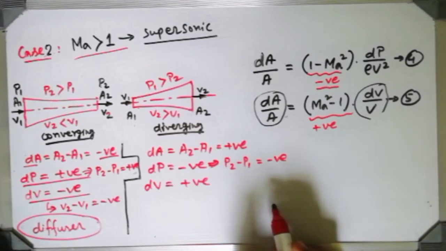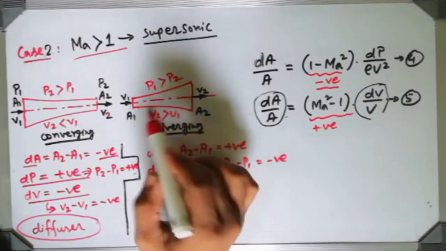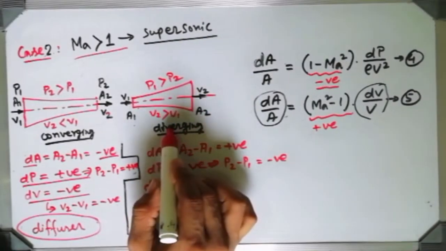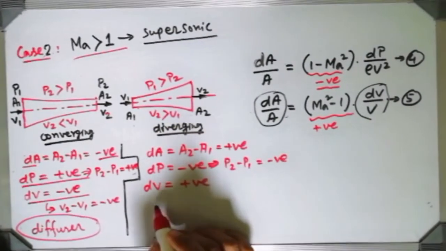That means the pressure is getting dropped. If pressure is getting dropped, velocity will be increased, and you see velocity is increased. So the diverging cross section is acting like a nozzle.